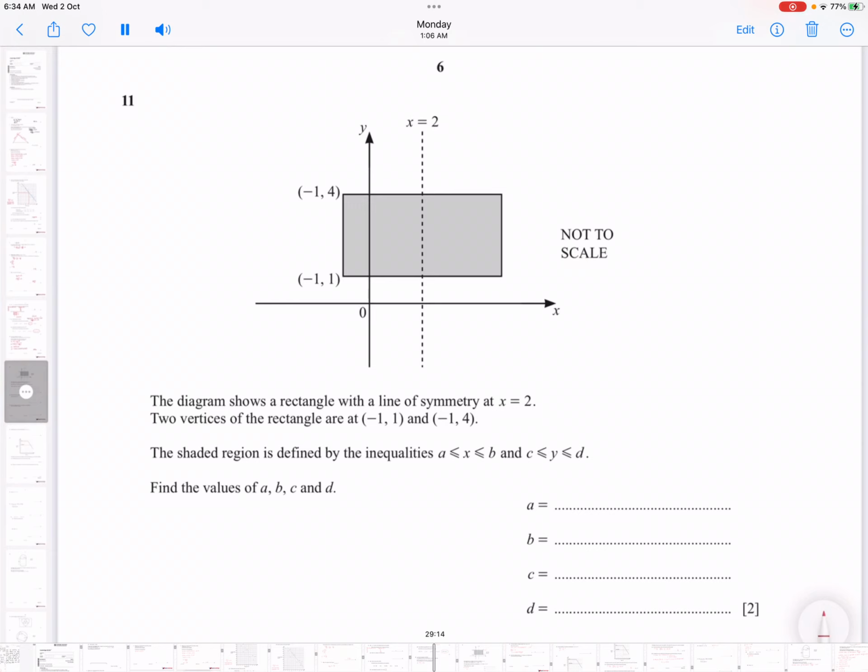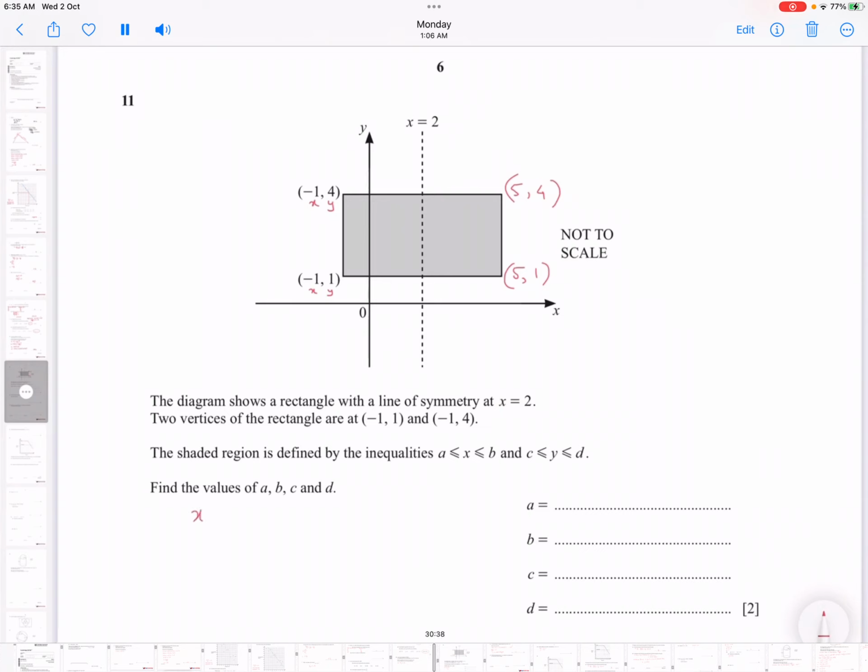So the coordinates at the next end would be 5 comma 1, because the y coordinate would remain the same, so you can write 5 comma 1. Same, the coordinate above would be 5 comma 4.